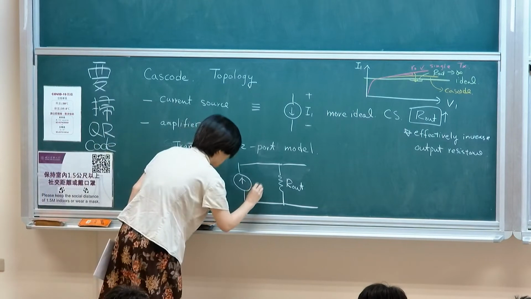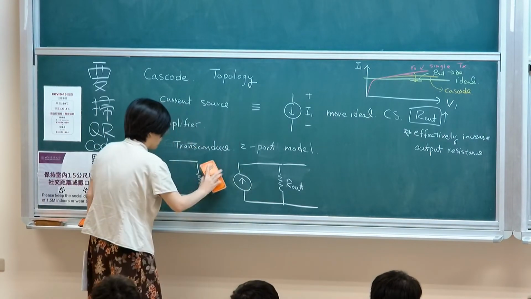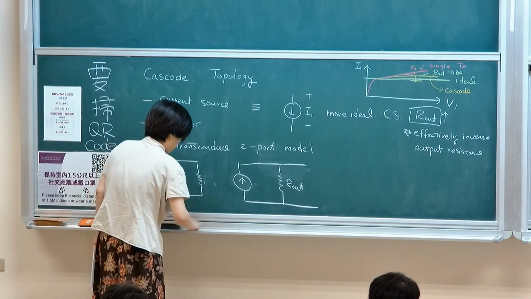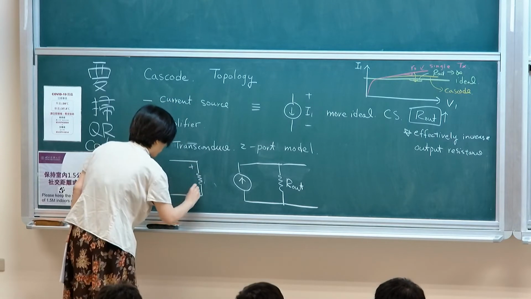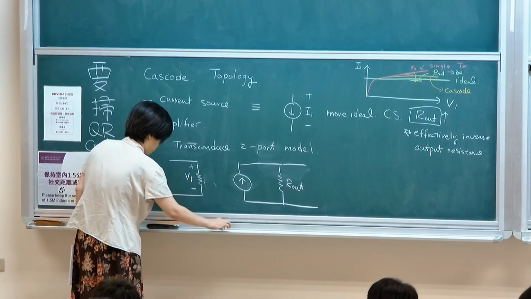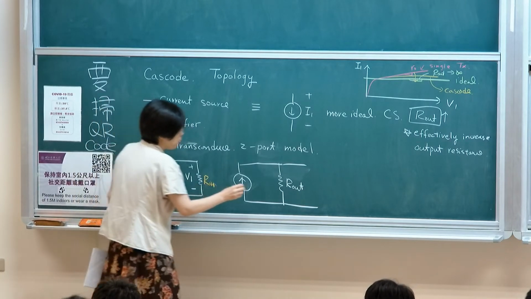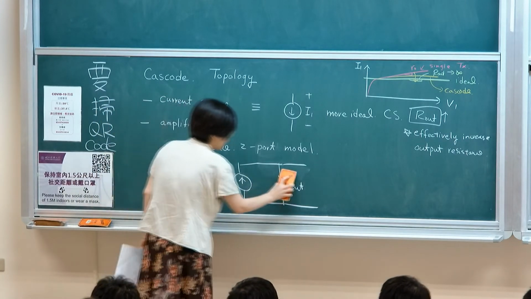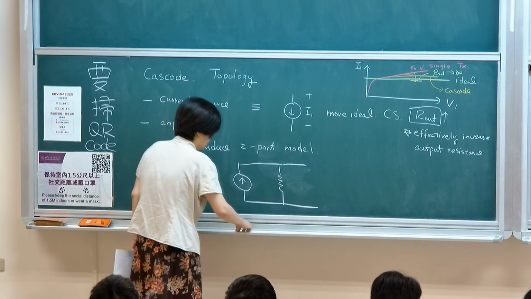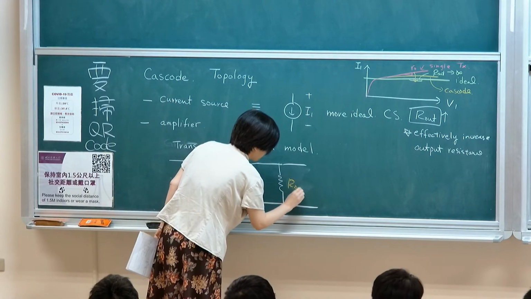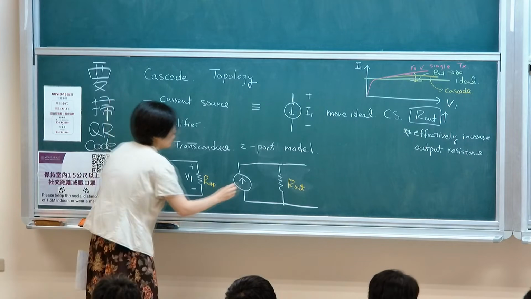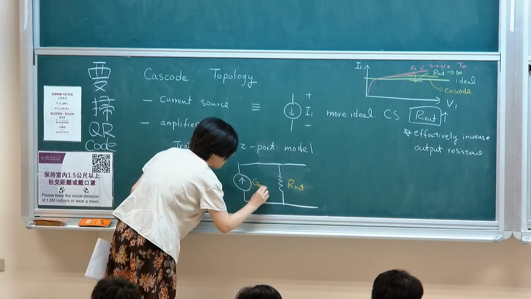It will include three key parameters: also the input and output resistance, and instead of having an open-circuit voltage, it will be GMS.